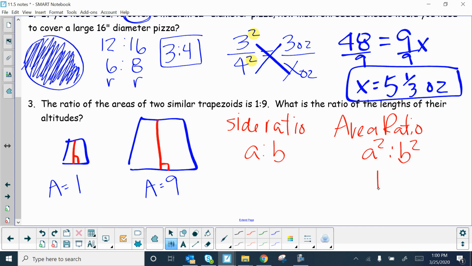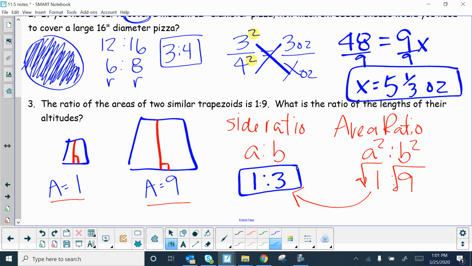Well, remember, this is like 1 to 9 over here because they gave us the area ratio. So how do we go backwards? What do you think you do to get rid of the squared? You square root. You have to square root both of them. So your final answer for the side ratio would be, what's the square root of 1? 1. What's the square root of 9? 3. So the side ratio would be 1 to 3.